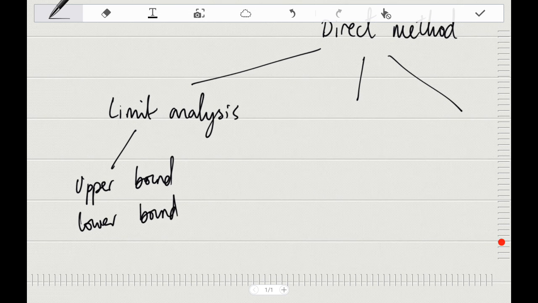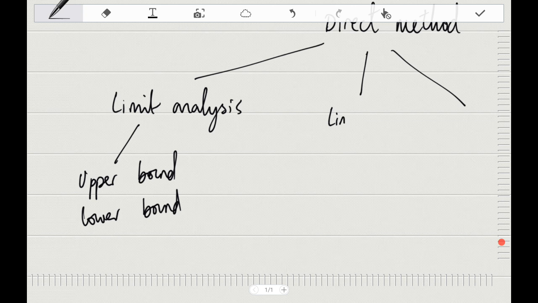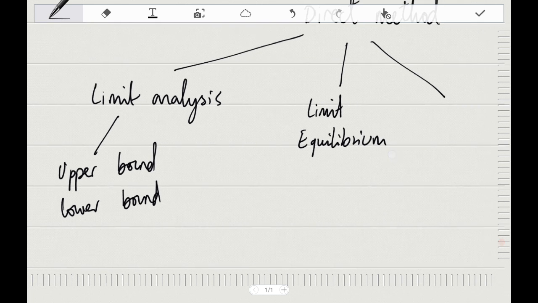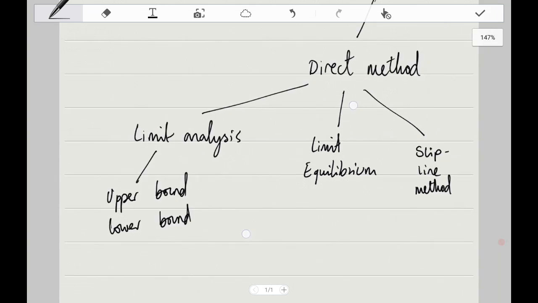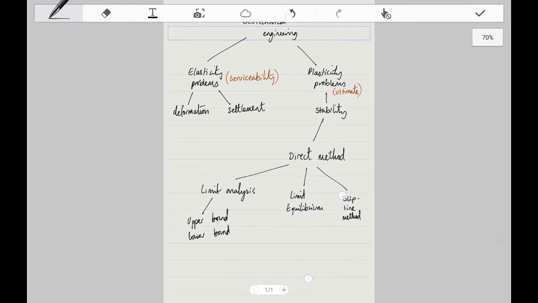Okay, then you have limit equilibrium, and then you have something called the slip line method.